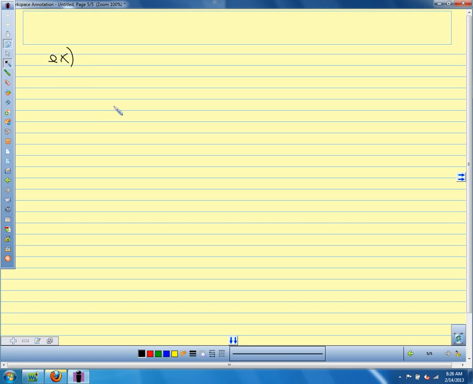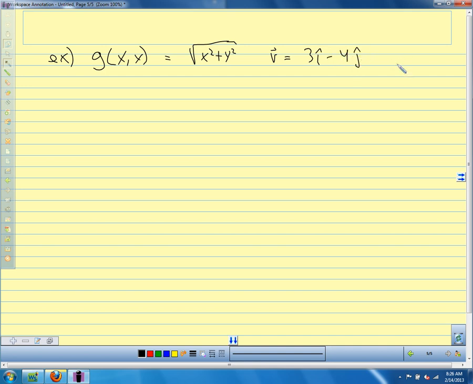So an example, we have g of x and y equals the square root of x squared plus y squared. And our vector is 3i minus 4j, and we have our point 3, 4.